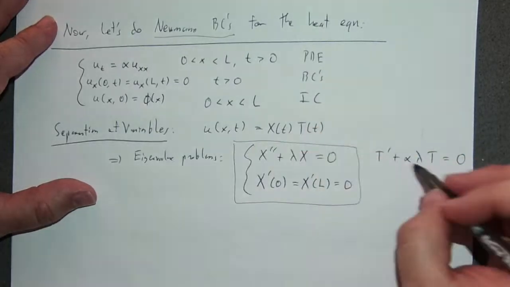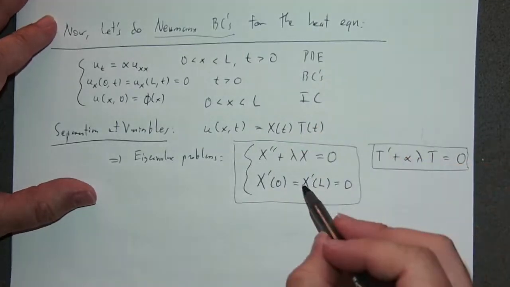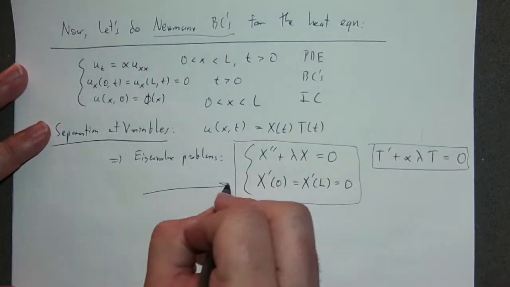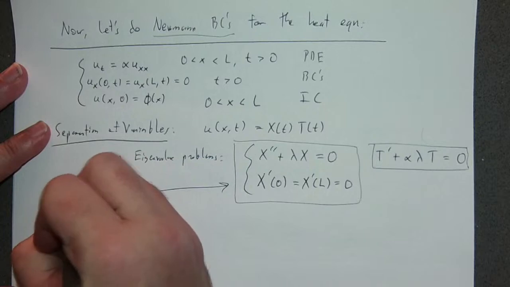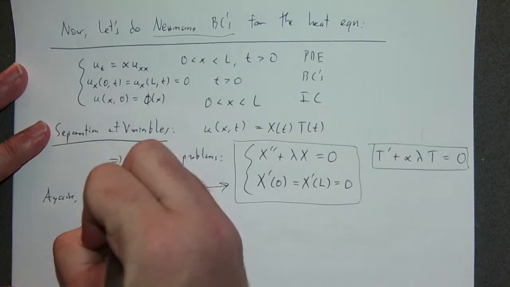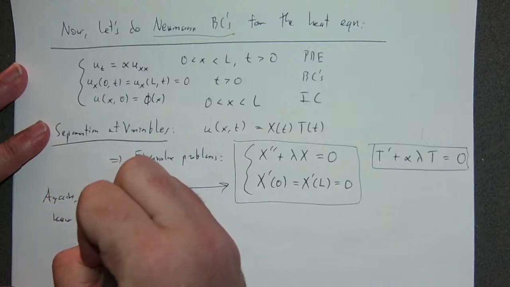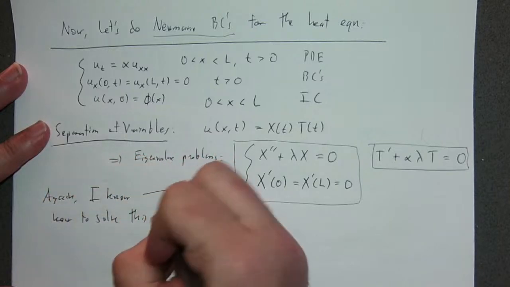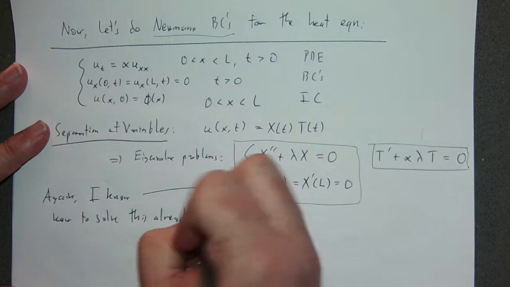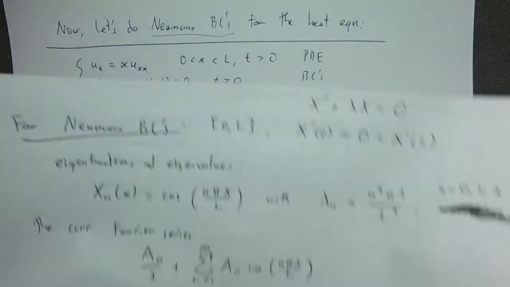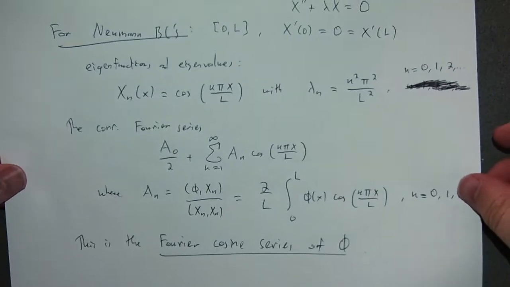So there's one eigenvalue problem. Here's my second one. I solved this one first with Neumann BCs, but again, I know how to solve this already. This comes from the list. In fact, here's the list that I wrote up during yesterday's lecture.